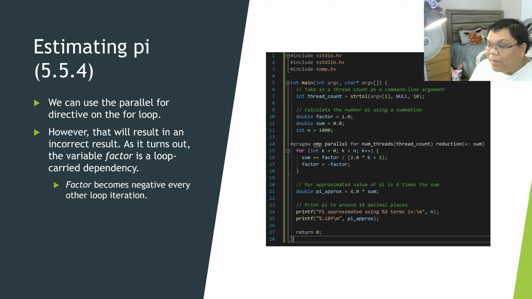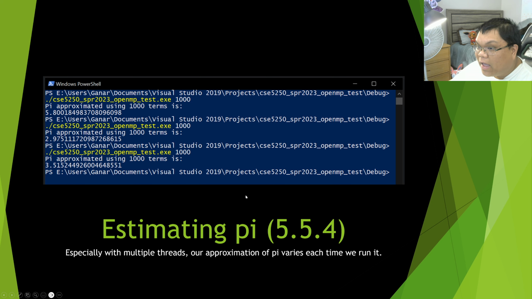This is a loop carry dependence because of how factor is calculated. It becomes negative for the next for loop iteration. So if we don't do this in the right order, we're gonna get the wrong value for pi, which is exactly what happens here.